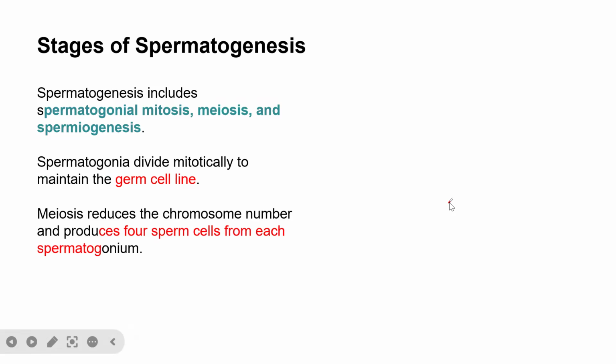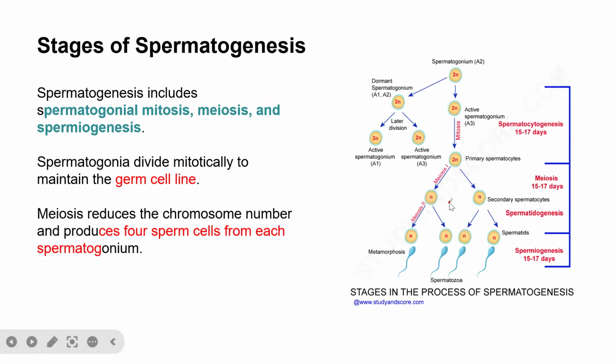And the meiosis reduces the chromosome number and produces 4 sperm cells from each spermatogonium. So in the case of spermatogenesis, 4 sperm cells are produced from a single spermatogonium. But in the case of oogenesis, only one ovum is generated.